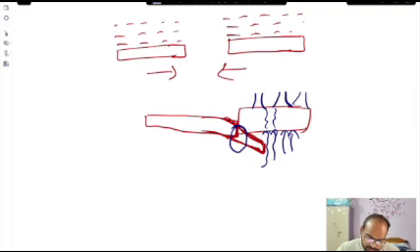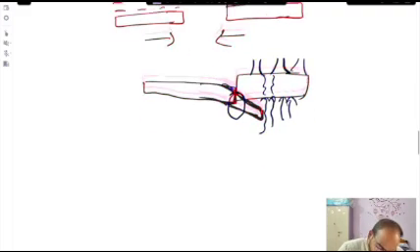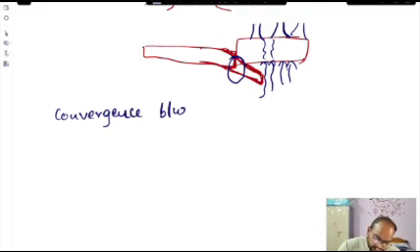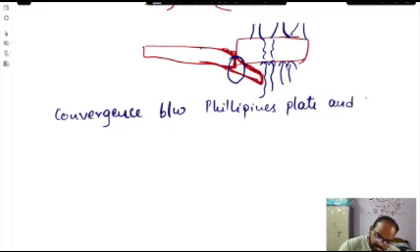So next, the best example for ocean convergence would be convergence between the Philippines plate and the Pacific plate. Okay, you look at these two plates in your geography textbook.